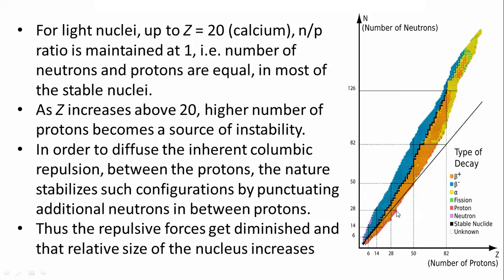This is not complicated to understand, and these are the four basic points to understand this graph. However, our objective now is to identify how you can tell a stable or a radioactive nuclide based on this neutron and proton ratio.